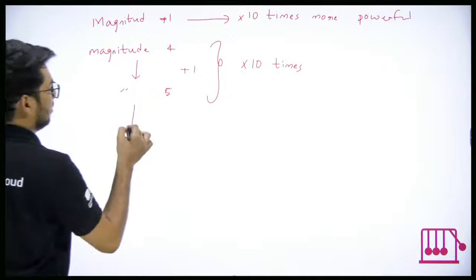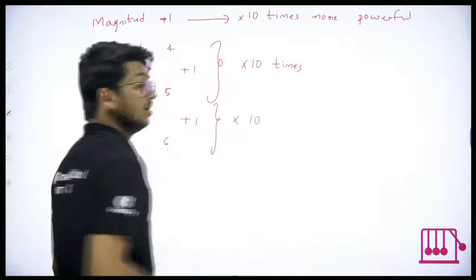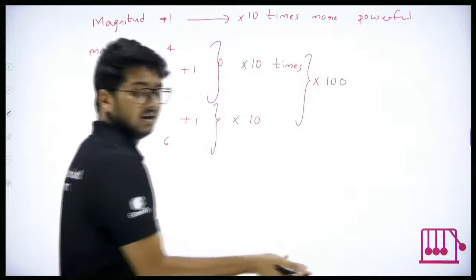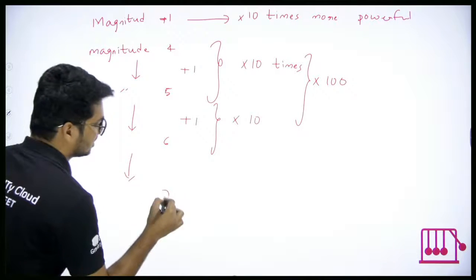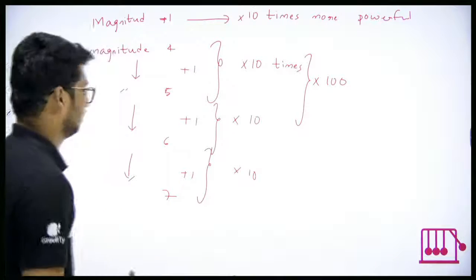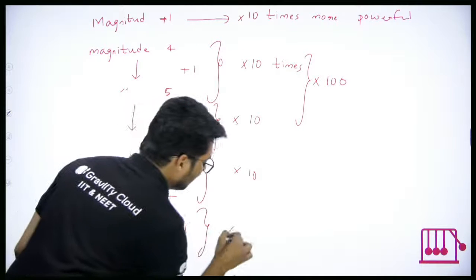Then again, 5 to 6, another +1, again into 10. If you combine these two, into 10 into 10, that is into 100. Then 6 to 7, again +1, again into 10. 7 to 8, another +1, again into 10.